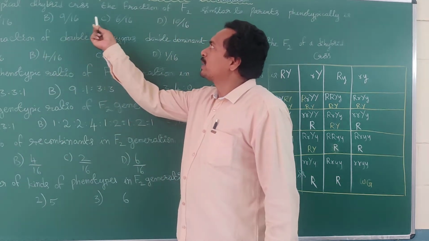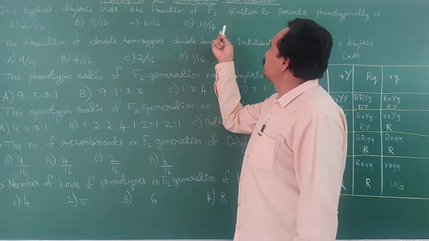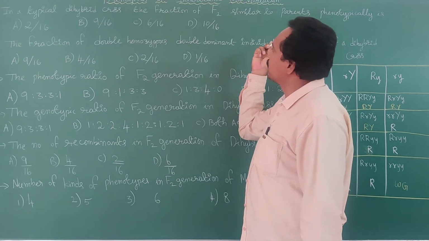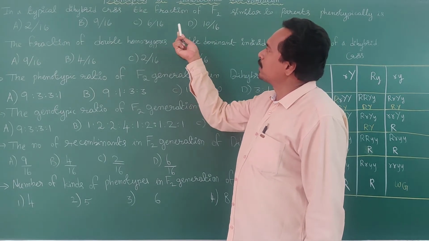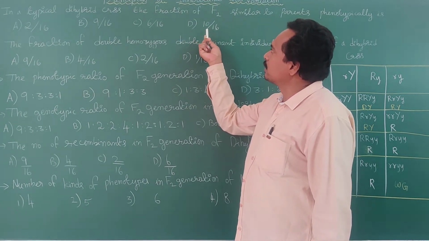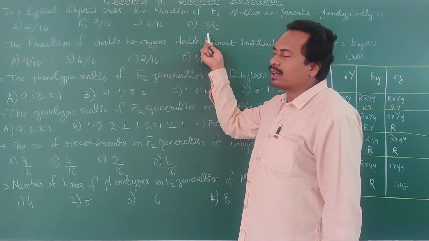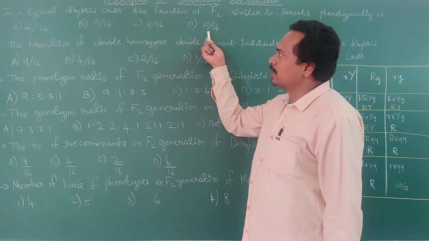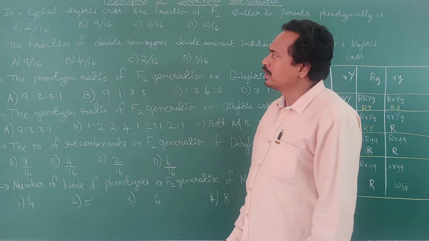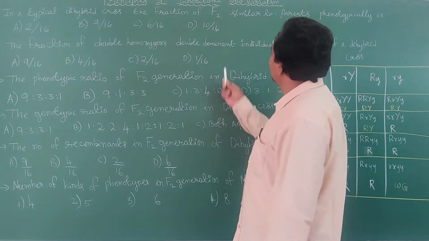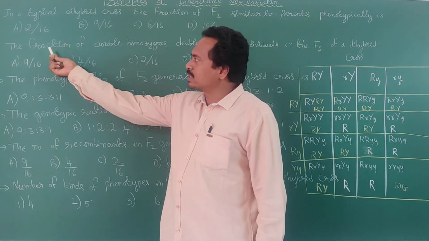In a typical dihybrid cross, the fraction of F2 similar to parents phenotypically is 10 by 16. Among the 16, 10 are phenotypically similar to the parents. Okay? What is the next question?